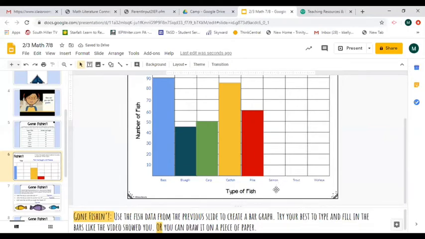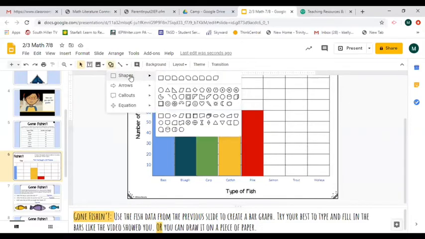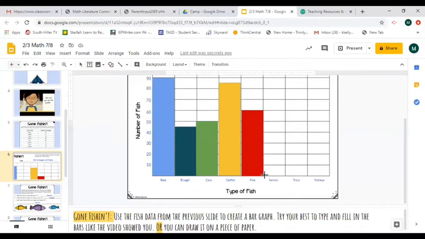Next we have salmon, and we only caught 15 of those, so I don't need to go too far up. My first line right here is the 10. My next one is a 20, so I have to go right in between those two. Starting at the bottom again from 0.